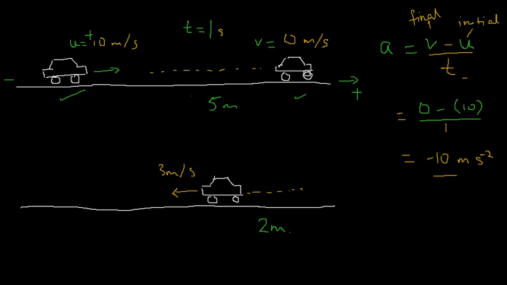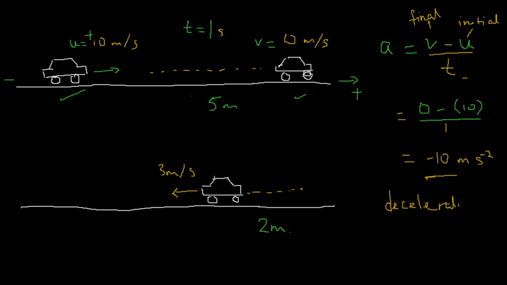What does a minus acceleration mean? A minus acceleration can actually mean two things. In this case we've seen this velocity going to the right and slowing down, so it's actually a deceleration. A negative acceleration would mean a deceleration, which is what we have here.